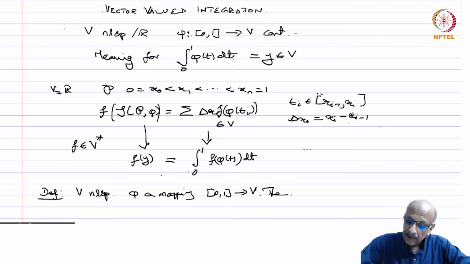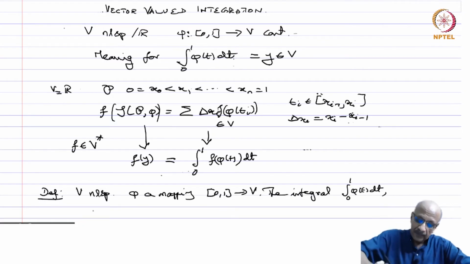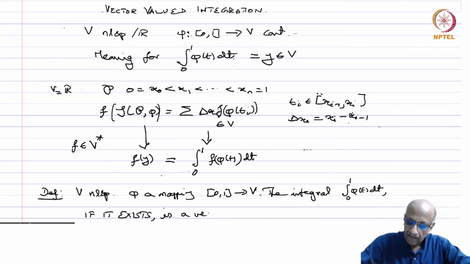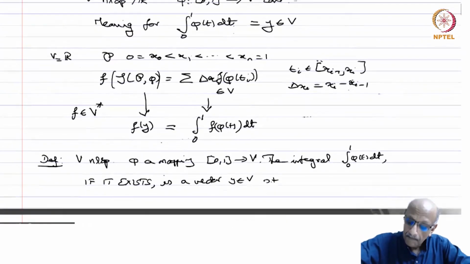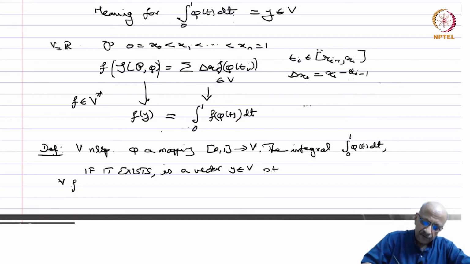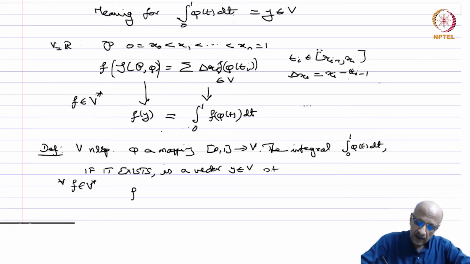Okay, the integral from 0 to 1 of phi of t dt, if it exists, of course this is not at all guaranteed, is a vector y in V such that for every f in V star, we have f of y equals the integral from 0 to 1 of f of phi of t dt.